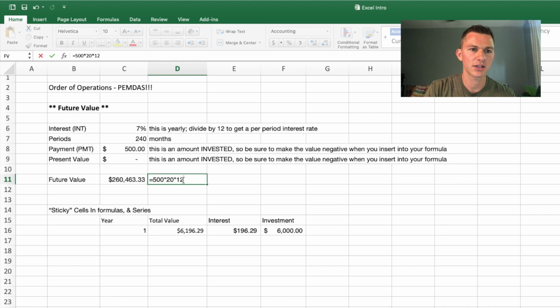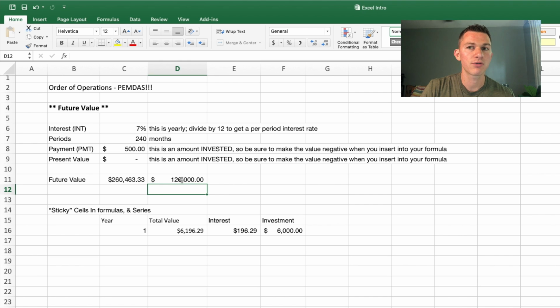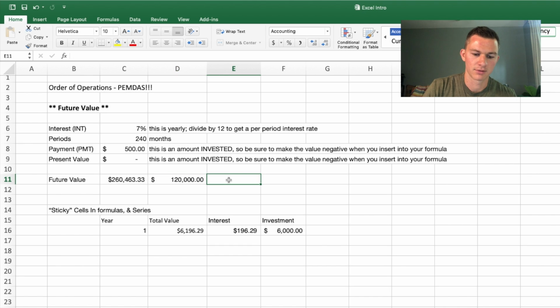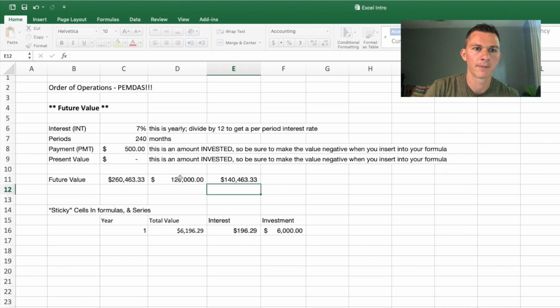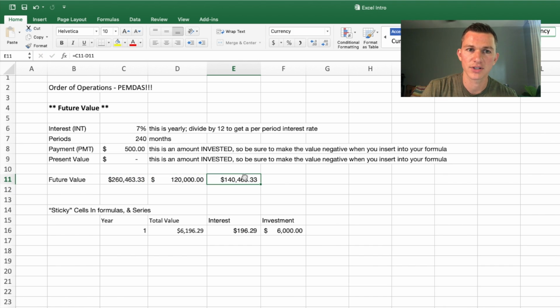And there's 12 months in a year, 120,000. So you essentially banked $120,000 of your own money, but at the end of 20 years, you have a total of 260,000. So if we do that math, that 260 minus the 120, you get $140,000 in interest.